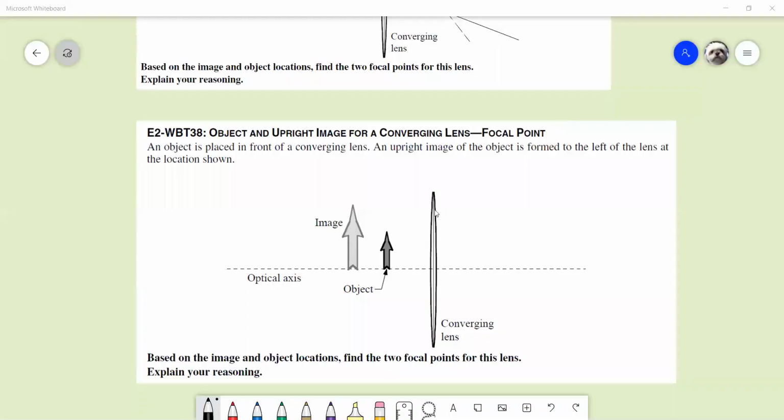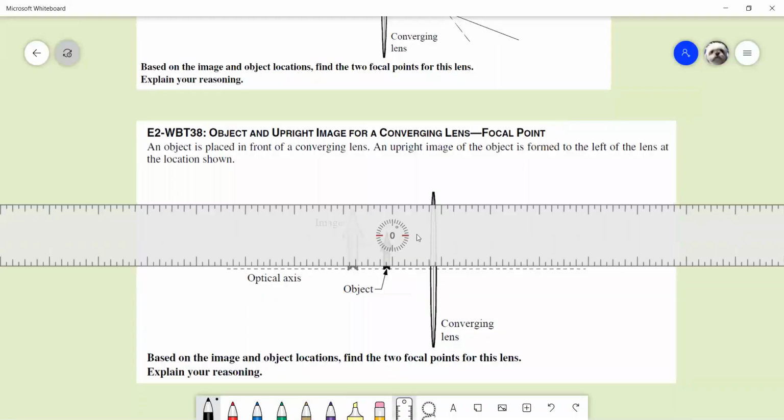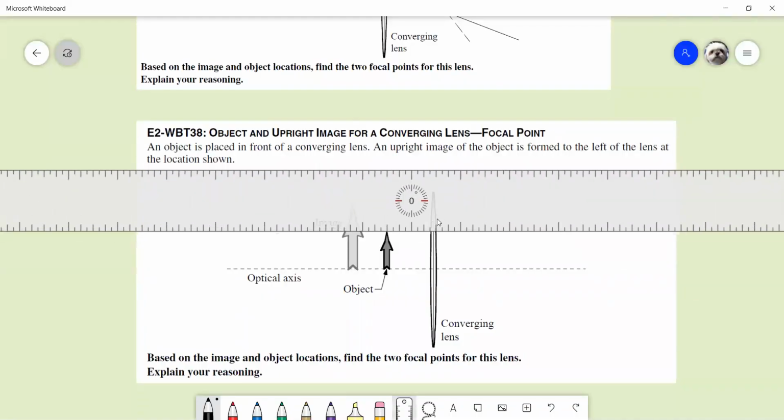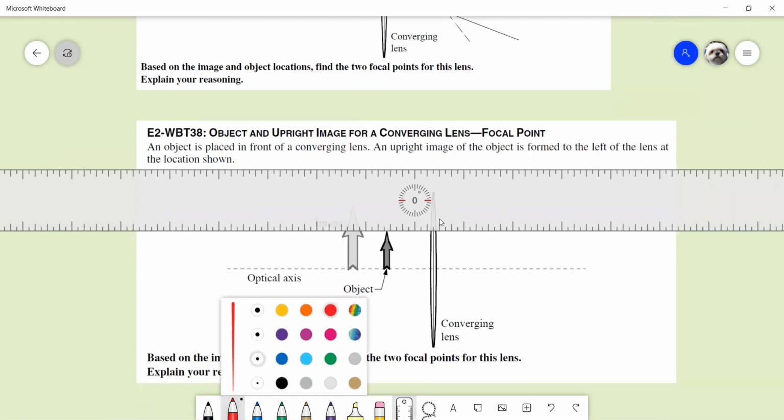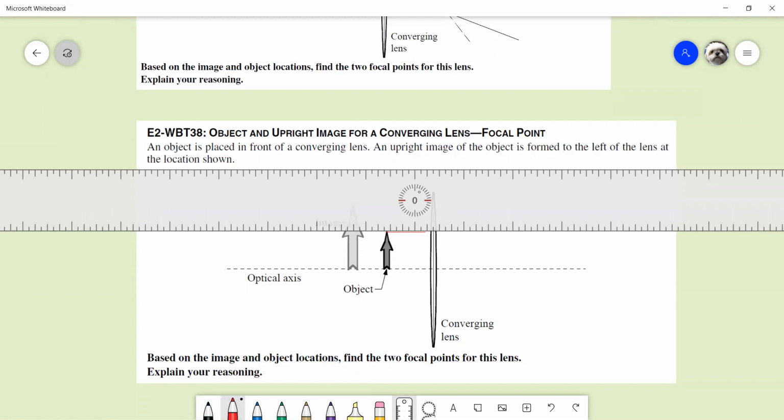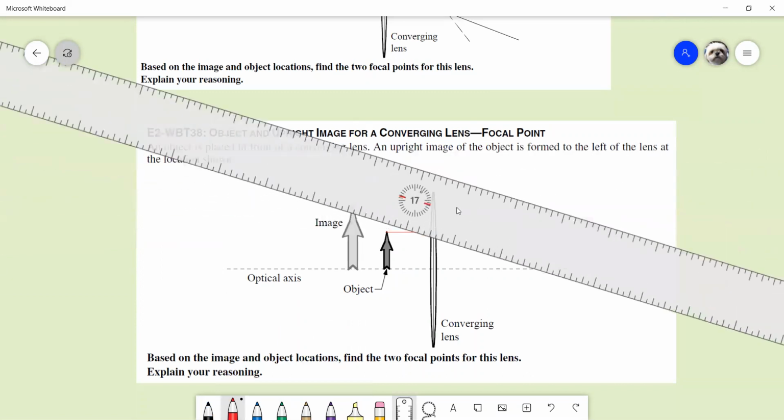So my ruler here. This is all about the object, right? Now I have a parallel line coming in. Okay, hold on, my pen. Now, like I said, it's going to hit the focal point.